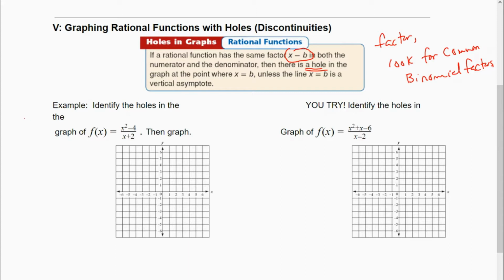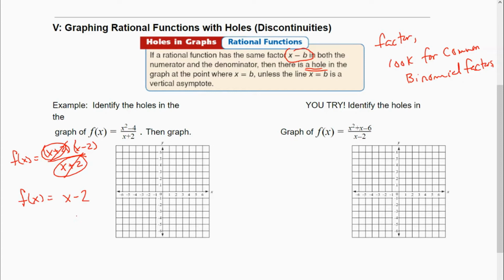Okay, so if I look at the first example, I have f of x equals x squared minus 4 divided by x plus 2. So let's go ahead and factor this. So x plus 2, x minus 2 on the top, and I have x plus 2 on the bottom. So here is what I'm talking about. There is a common factor. Okay, so then when I simplify, my function is now just x minus 2.